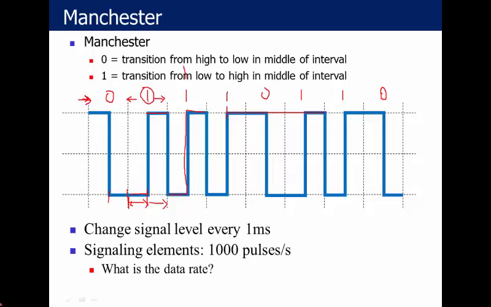So the disadvantage is you need at least two chips. Just for one data element, you need to have two chips of signal elements.